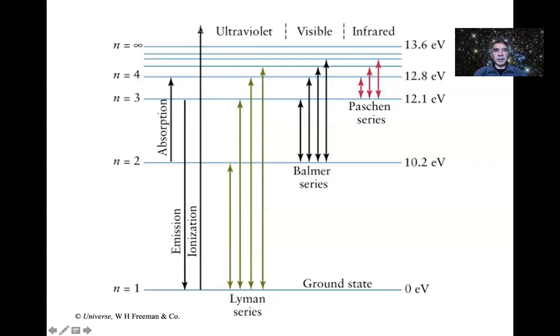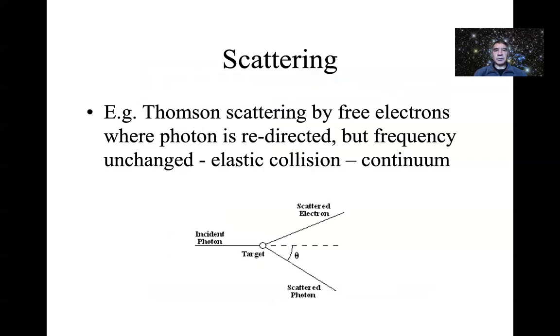If your electron was already outside the atom but nearby, it could move from here to a bit higher, and that would be a free-free transition. So that was absorption.